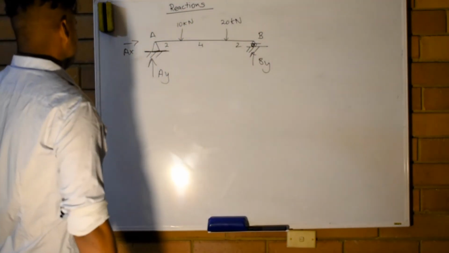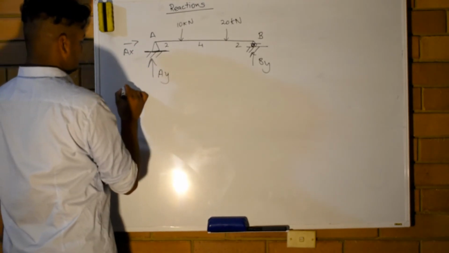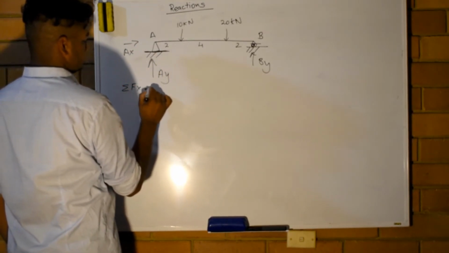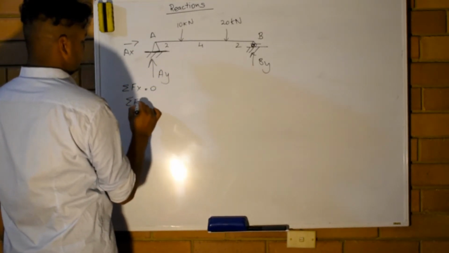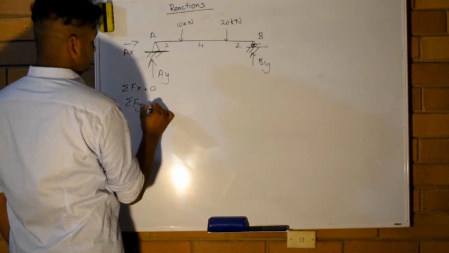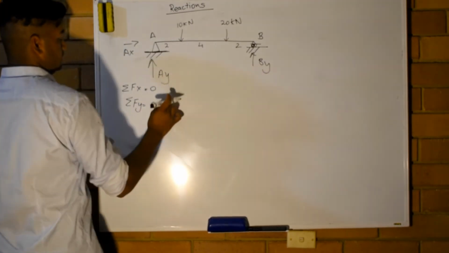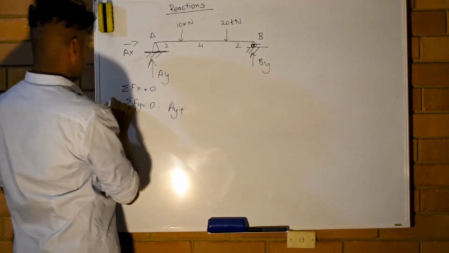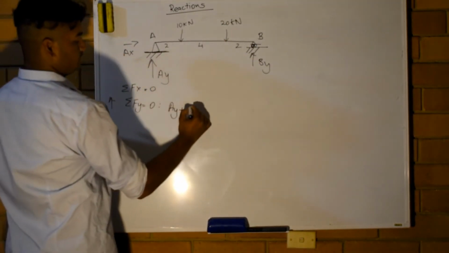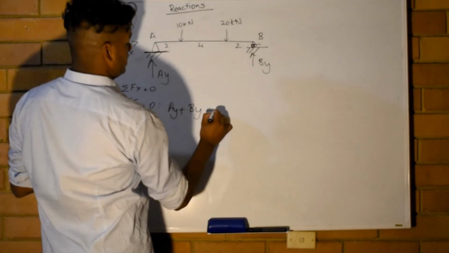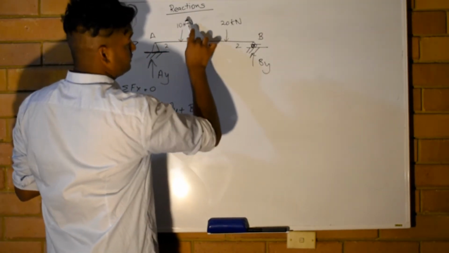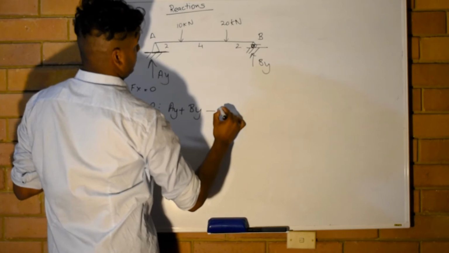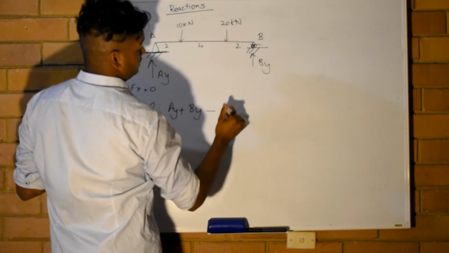So as you know, in the last example, forces in the x direction equals 0, forces in the y direction need to equal 0, therefore I'm just going to go AY plus BY, and my positive is going upwards, BY minus, this one is coming down, so 10 plus 20 equals 0.